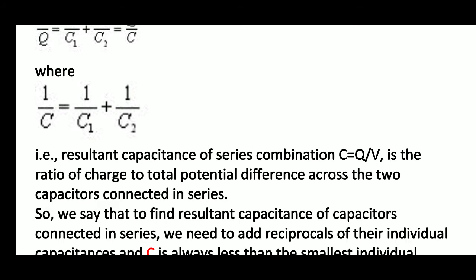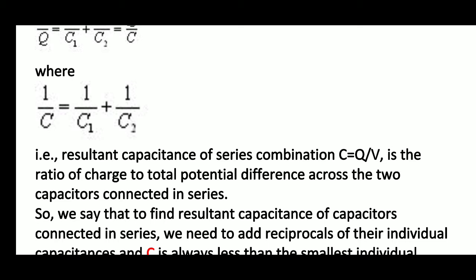It means 1 upon C is equal to 1 upon C1 plus 1 upon C2, such that the resultant capacitance of the series combination C is equal to Q by V, the ratio of charge to potential difference across the two capacitors connected in series.